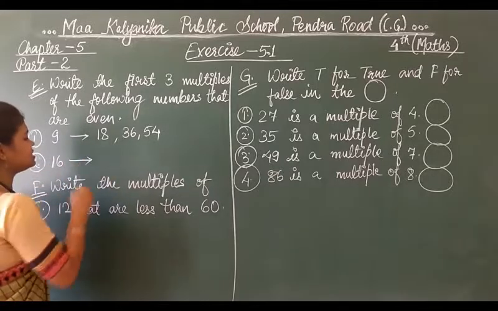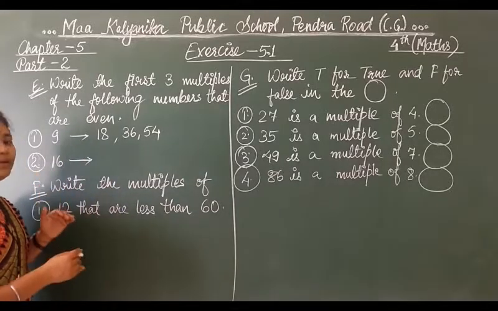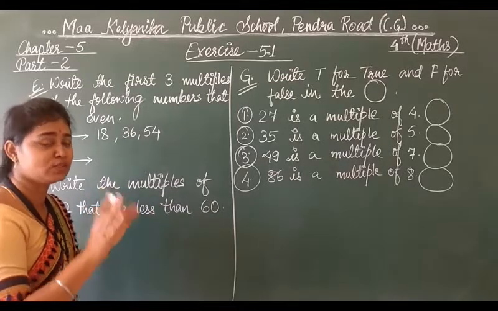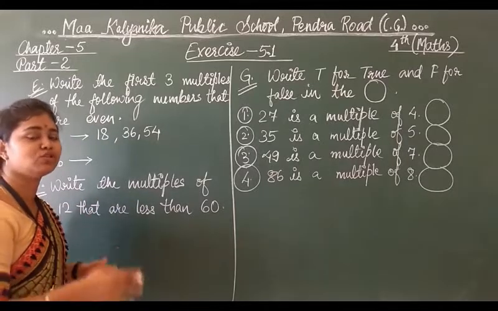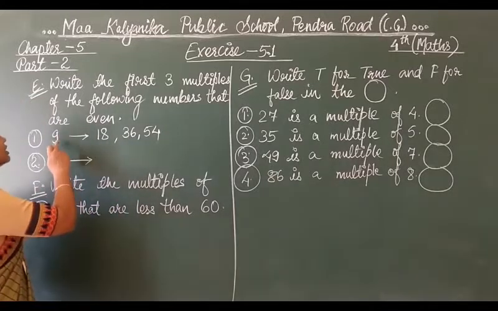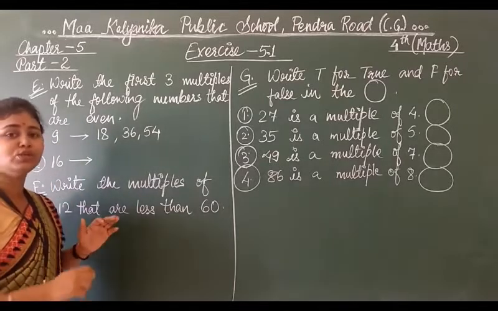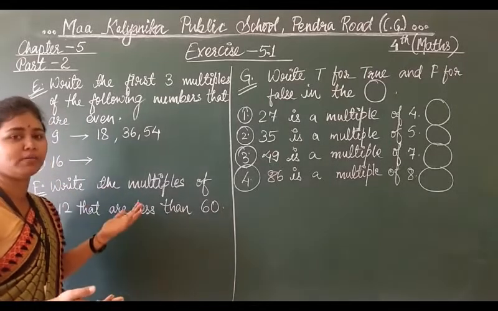In the same way, 16. Obviously, students, 16 is an even number, so will it have odd multiples? No, it is not possible, because 16 is an even number, its multiples will also be even only. But in the case of an odd number like 9, it may have both odd and even multiples.